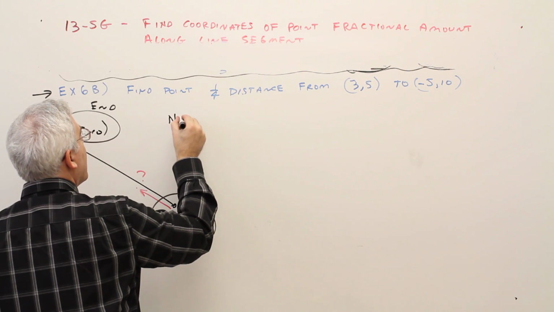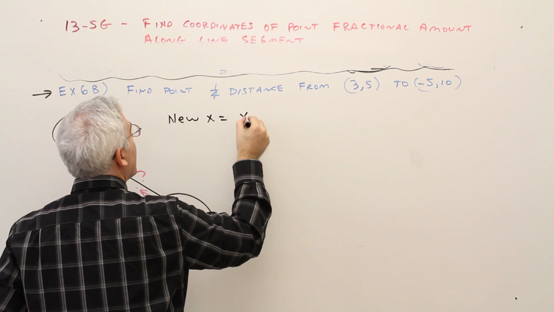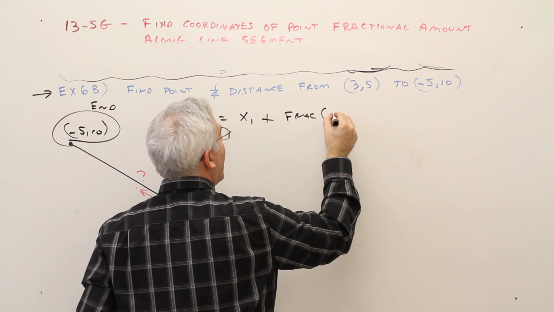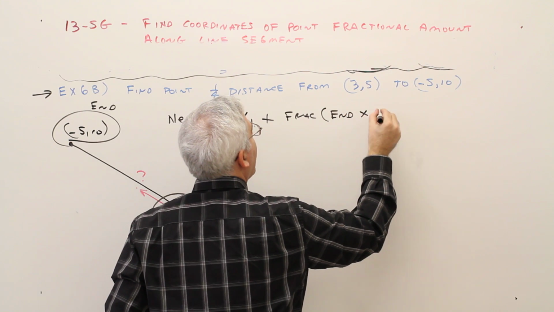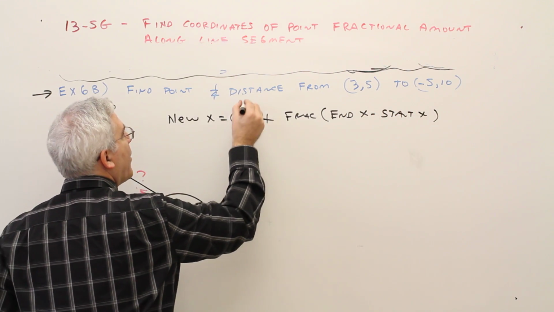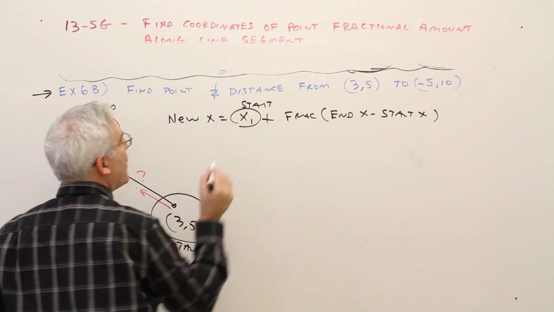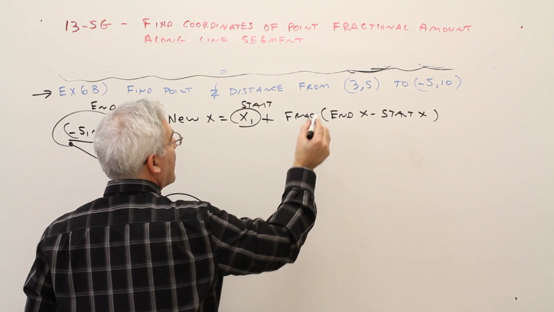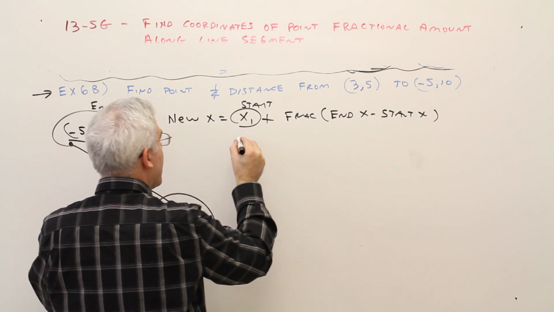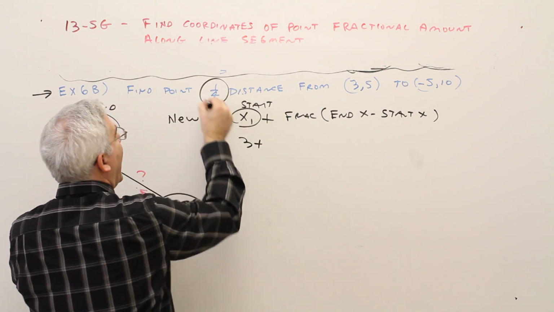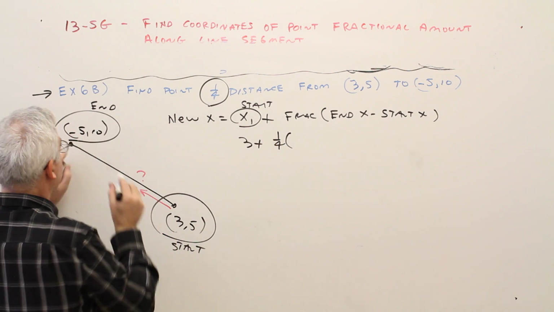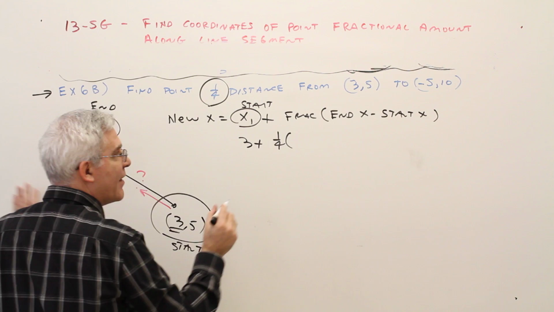So the new x equals x1 plus the fractional amount times end x minus start x. Again, this is my start. So I'll just use this picture. So my starting x is 3. My fractional amount is 1/4. My ending x is -5.